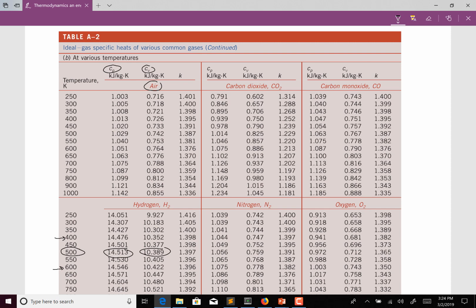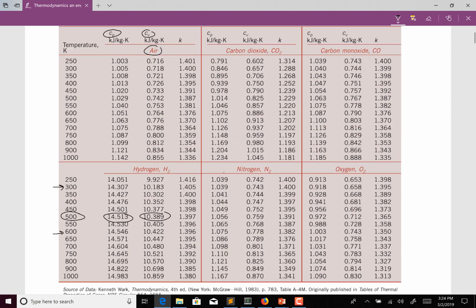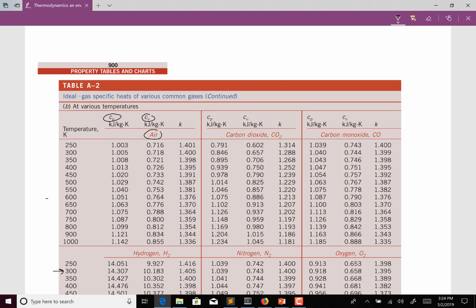Our temperatures are 600 and 300 Kelvin. That means that our average temperature is 450 Kelvin.